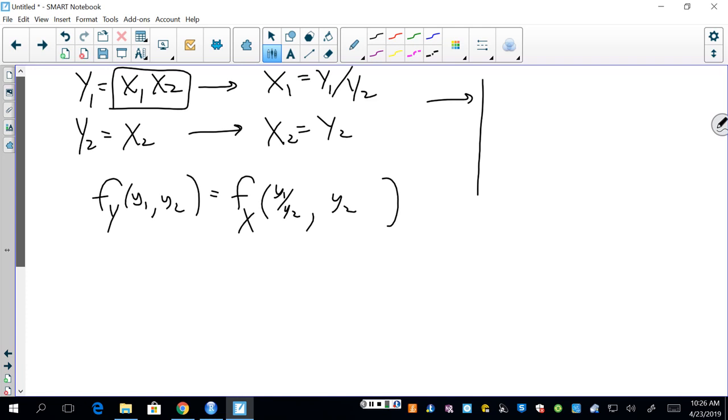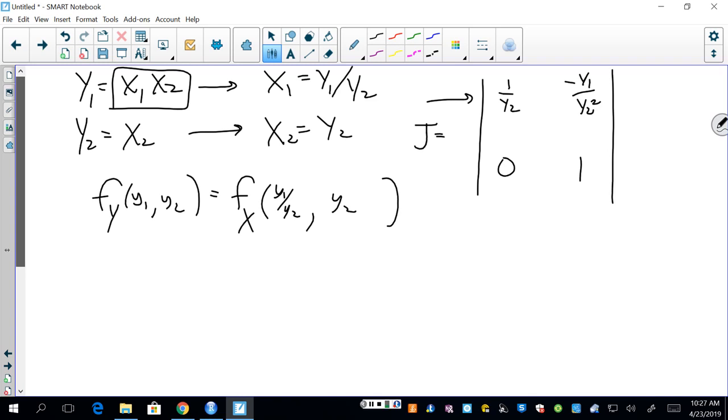So if we differentiate this thing with respect to y1, we just get 1 over y2. If we differentiate this with respect to y1, well, it's not in there, so it's just 0. And then we differentiate this thing with respect to y2, so it's negative y1 over y2 squared. And then we differentiate this with respect to y2, and that's 1. This is something called the Jacobian.